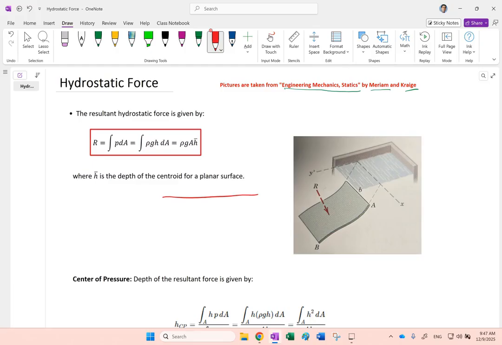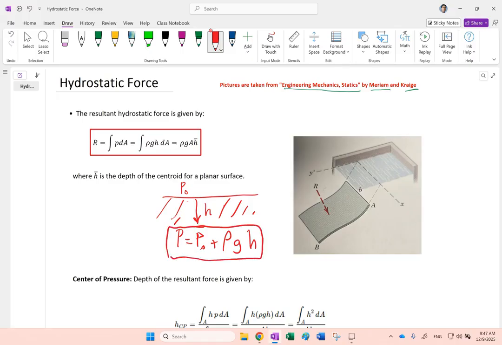If the pressure here is P naught, or P of the atmosphere, when you go down by a height h, the pressure is equal to whatever it was on the surface plus the density of the fluid, rho, times g of gravity, times the depth in the fluid. This formula is what you know from physics, so that's nothing new.